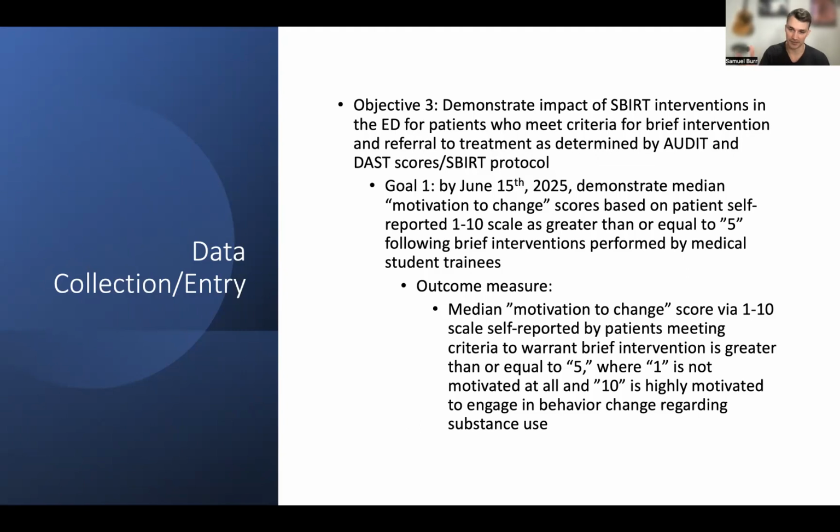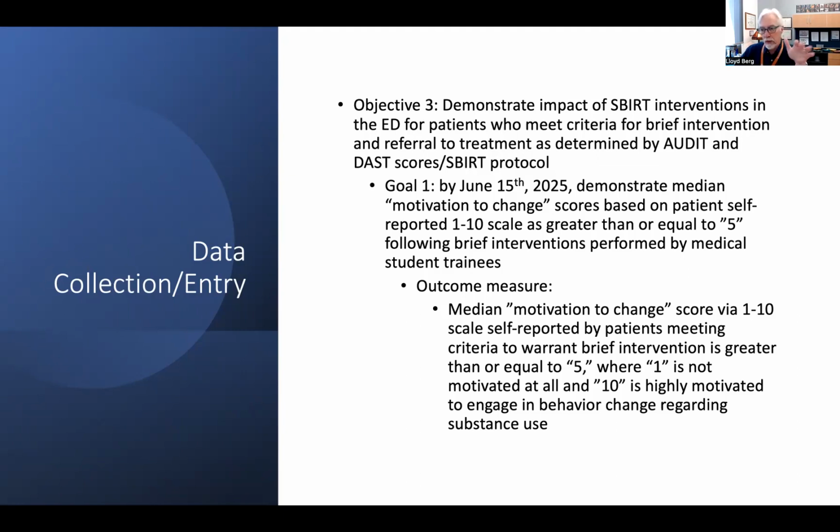Sam, I have thought about that one. Please, yeah. And again, I'm going to look to our SBIRT experts here, but I'm wondering if this might be an unrealistic goal. Part of the spirit of SBIRT is that you're meeting the patient where they're at. So you're going to have a number of patients who are going to say, I'm a 1, I'm a 2, regardless of how much expertise is delivered with the MI intervention.